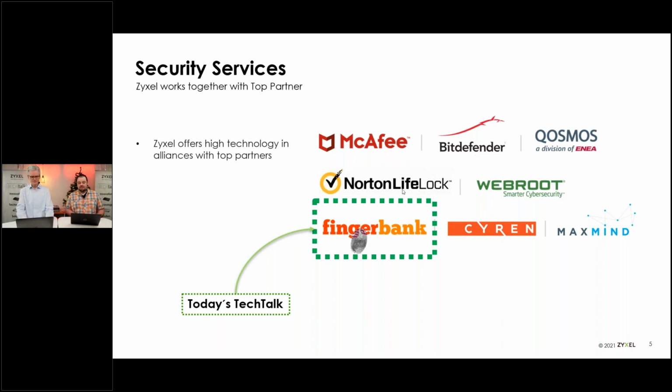We have Bitdefender, McAfee, and Norton, who are currently protecting us against the Log4j issue. We have a lot of different partners we are working with and integrate them all into Zyxel firewalls, into USG Flex, into the ATP series. And we combine these with our own features to make a powerful security device.